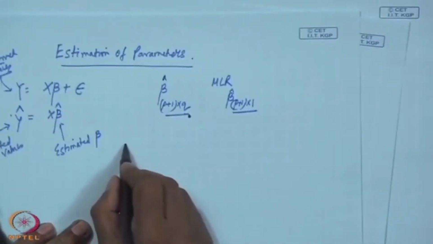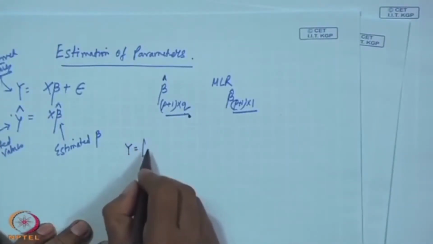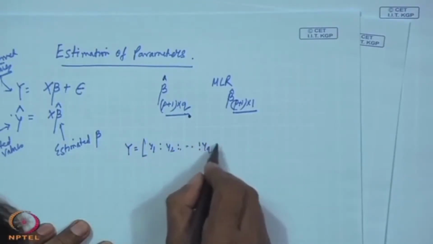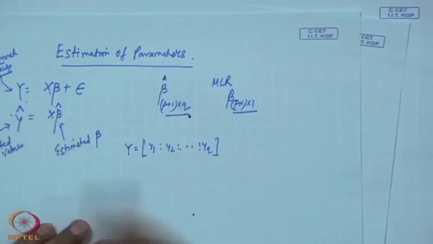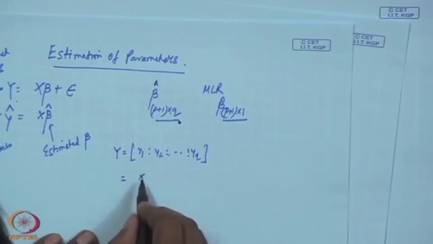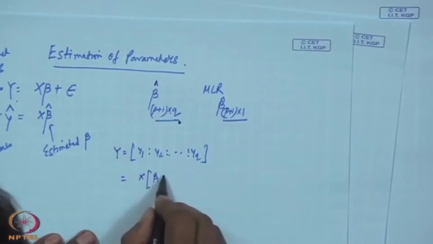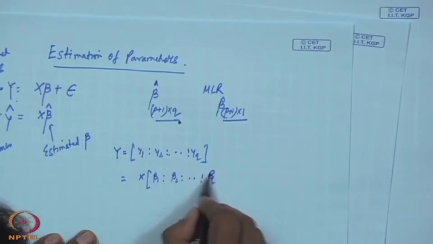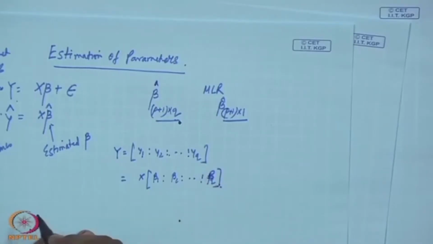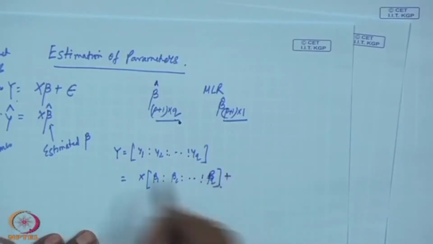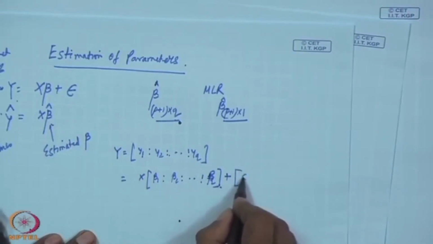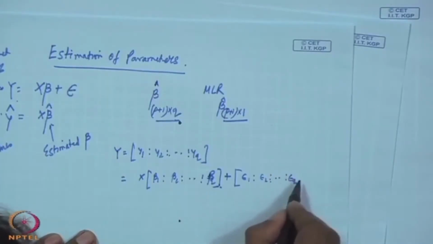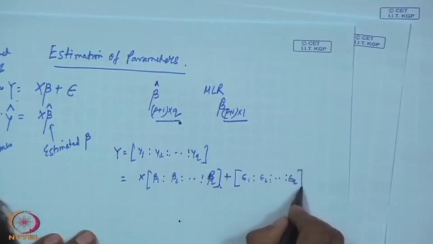So if I write y equal to y1, y2, up to yq, this equals x beta, can I not write like this, beta 1, beta 2, up to beta q, plus epsilon. This epsilon is also having epsilon 1, epsilon 2, up to epsilon q.